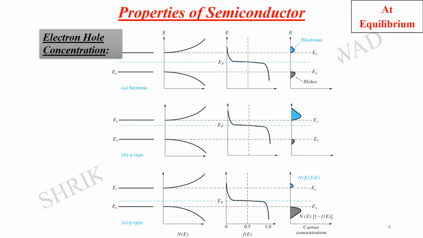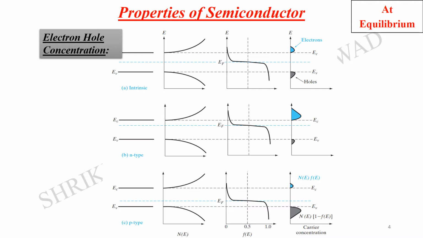You can see that for the intrinsic material the energy spectrum has been drawn, with EF lying in the middle. The energy diagram goes upward in the conduction band and downward in the valence band.